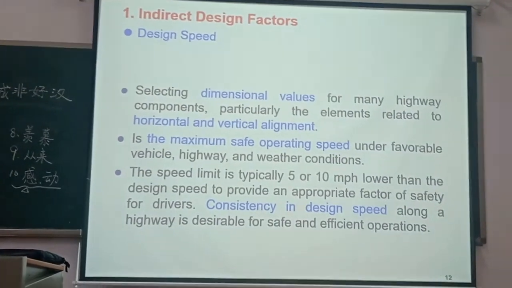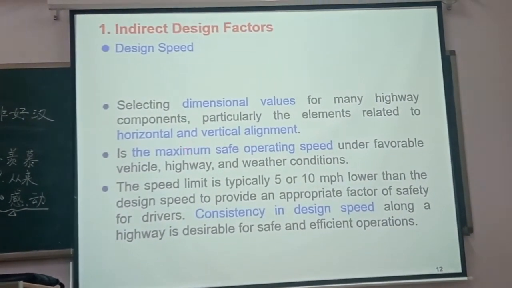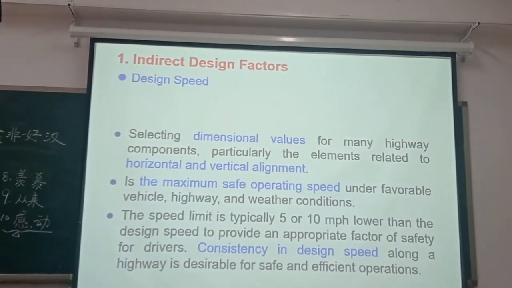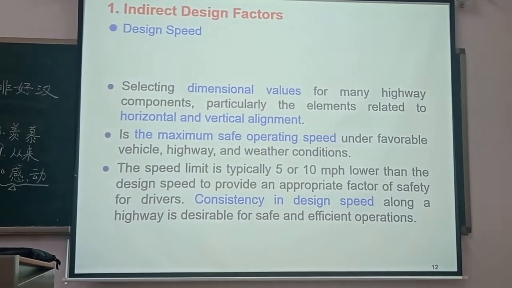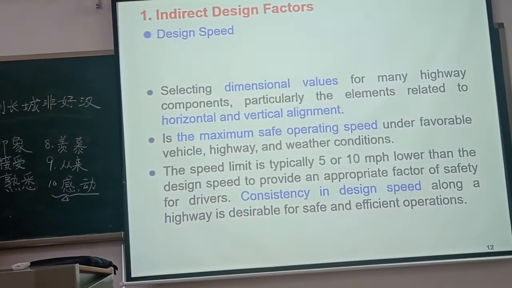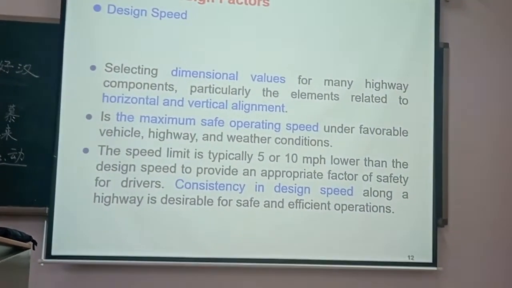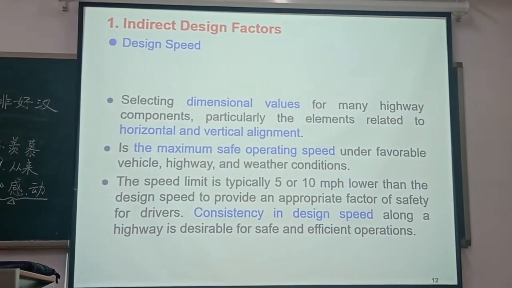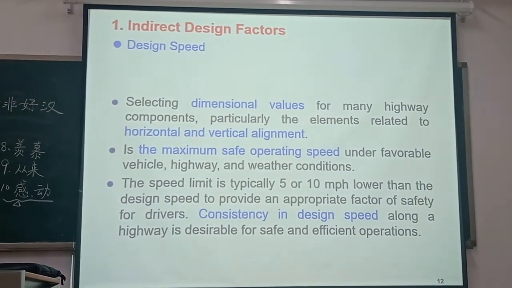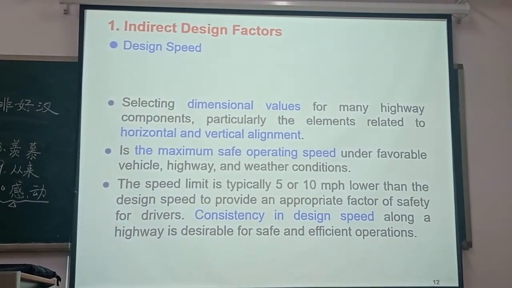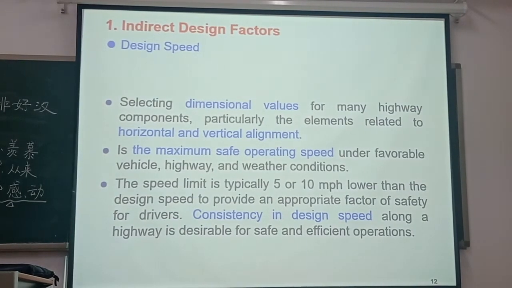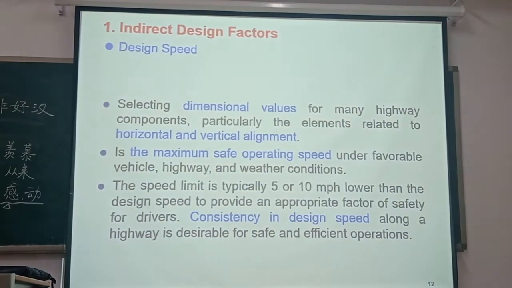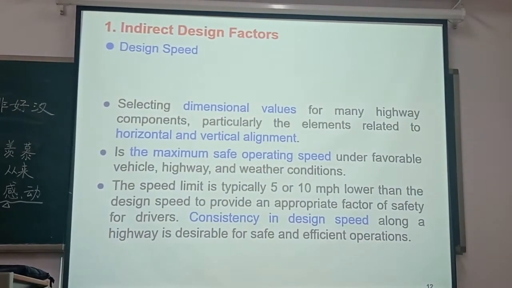But we know that it is the maximum safe operating speed for the weather conditions. For freeways, the normal design speed is 120, but when we go through a tunnel, we will reduce to 70, 80 or 100 kilometers per hour.